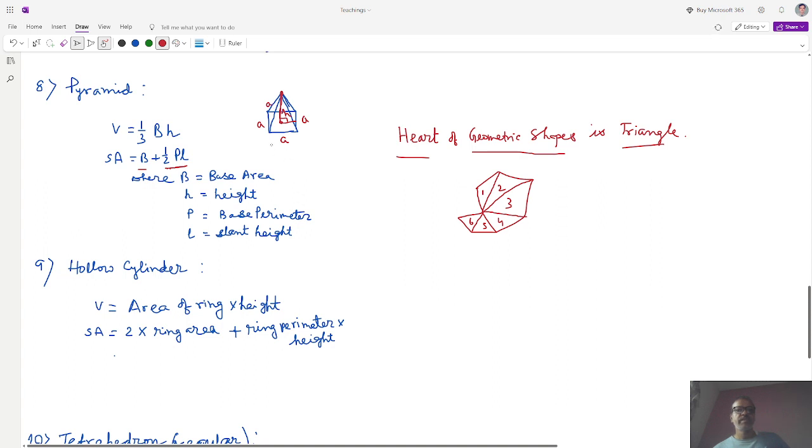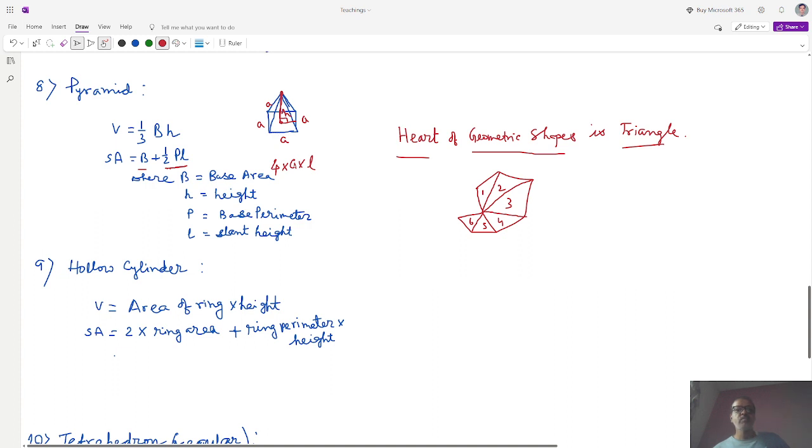Each slant side area will be a into l. There are four sides, therefore the area of four slant sides will be 4 into a into l, and this is in the shape of a rectangle.